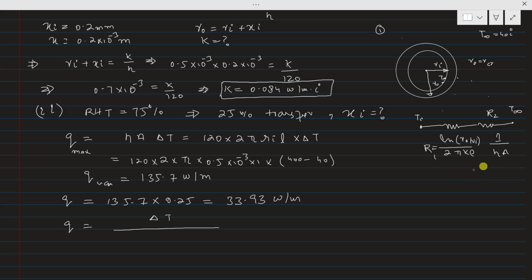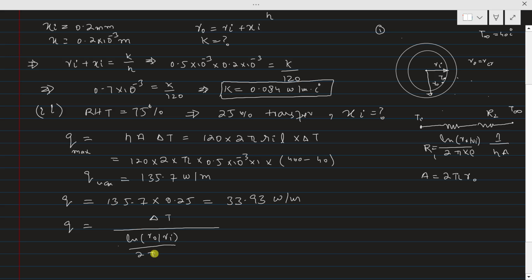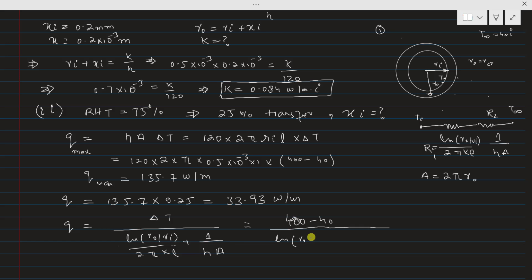Remember the surface area when the insulation is provided is 2 pi R0. So the first resistance is ln R0 divided by Ri, divided by 2 pi K L, plus the second resistance, 1 divided by h A. Putting in the values, the temperature difference is 400, ln R0 divided by Ri, Ri is 0.5 multiplied by 10 to the power minus 3, as given in the statement, and divided by 2 pi.